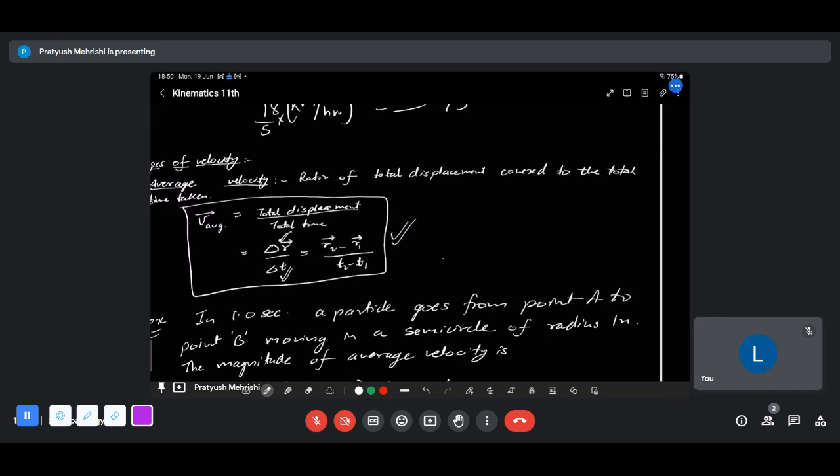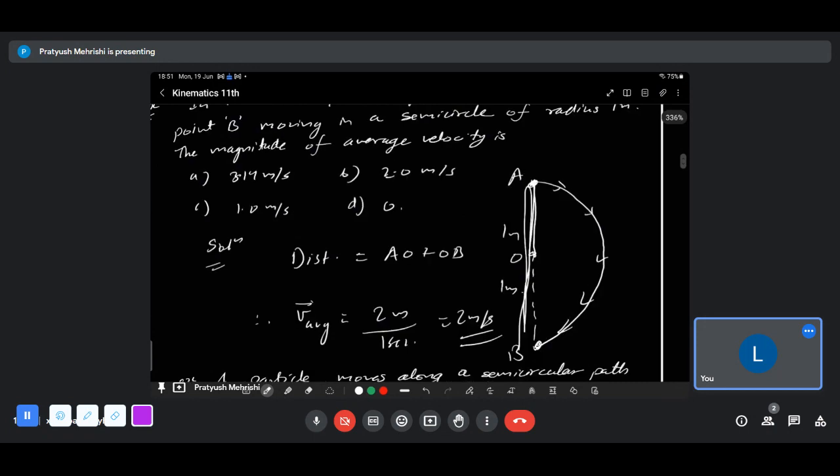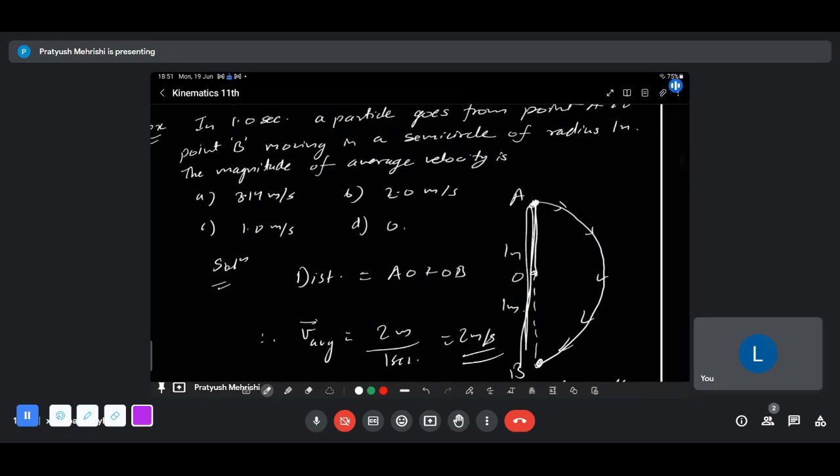Yes, what's the answer? Once again, a particle moves from A to B on a semicircle of radius 1. Displacement is asked, it is root 2. See, magnitude of average velocity.